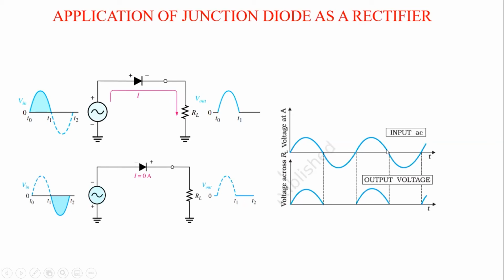This is the input cycle to your diode, and you can see the output only in the first half, the forward or positive cycle, in the same manner as the AC signal. During the second half, the reverse cycle, you won't get any voltage. Only half is rectified, so with one diode you have a half wave rectifier.